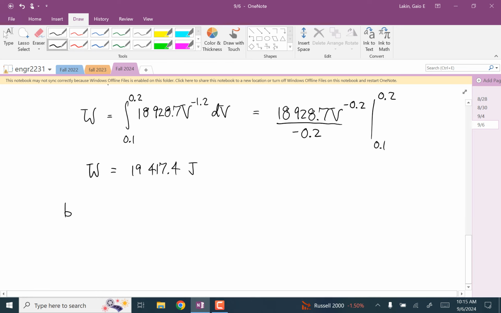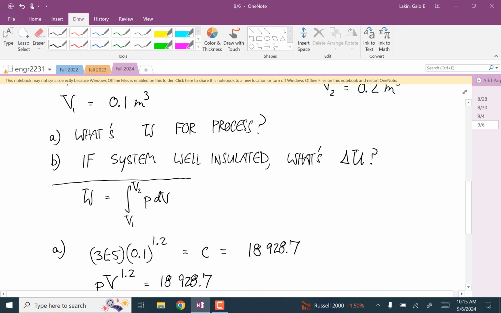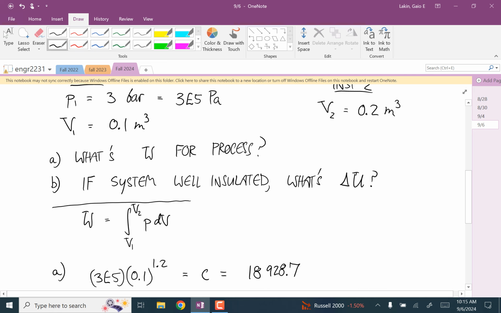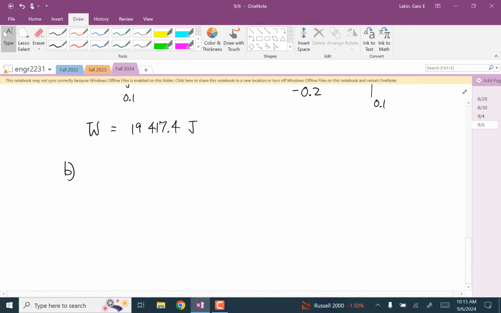Okay, so that's W, and the next question is, if the system is well insulated, what's the change in U? Well, we know that the first law says the change in system energy is equal to heat Q minus W. If the system is well insulated, there's no energy being exchanged because of the temperature difference at the boundary, and so this goes away.